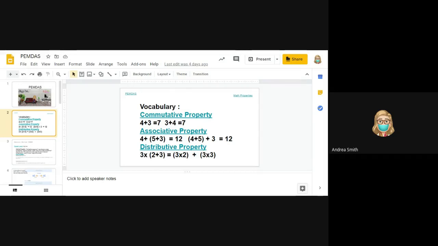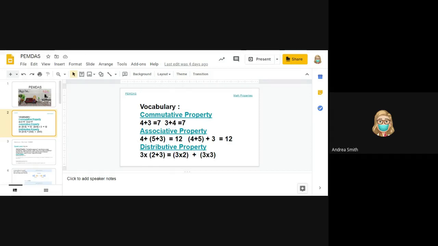Let's look at the next one. Associative property. Associative property, when you're dealing with more than one number, in the first one, commutative property, we had 2 numbers added together. What if I add more numbers to that? And I have 3 numbers added together. 4 plus 5 plus 3 equals 12.